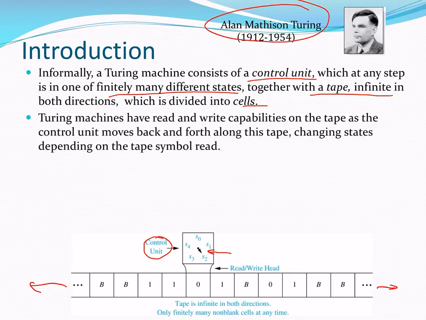And as suggested, the head not only reads what's on the tape, but can write back to the tape, changing the symbols that it reads, and then it can read them again.